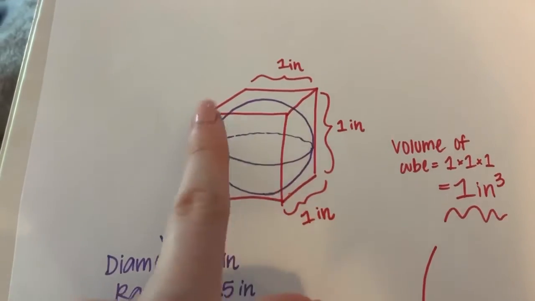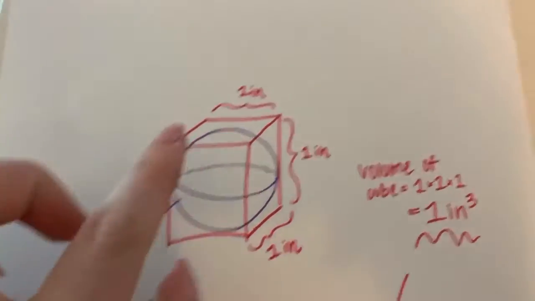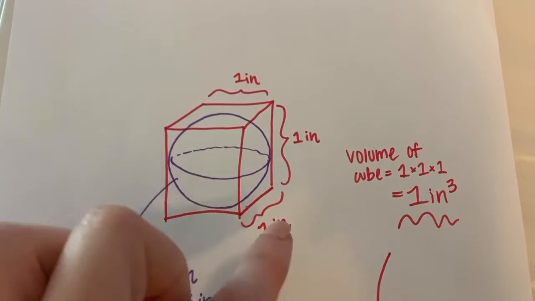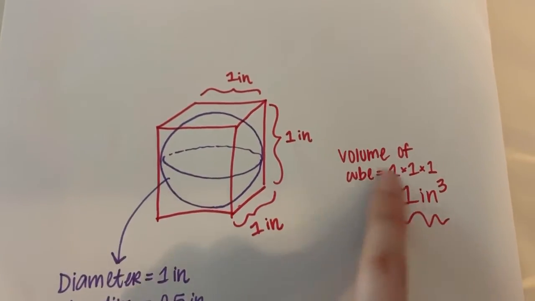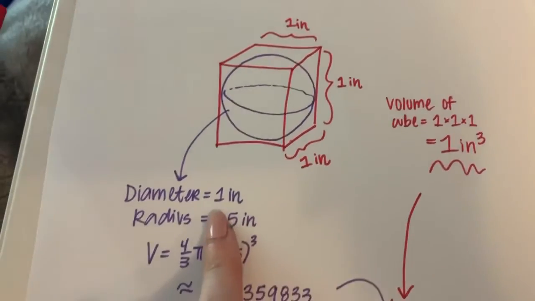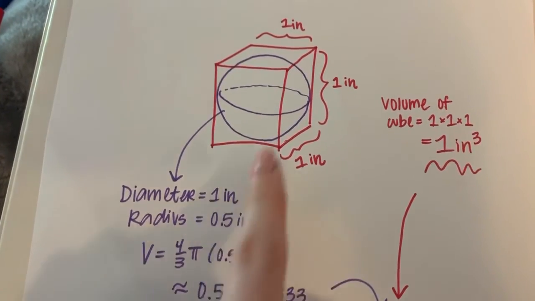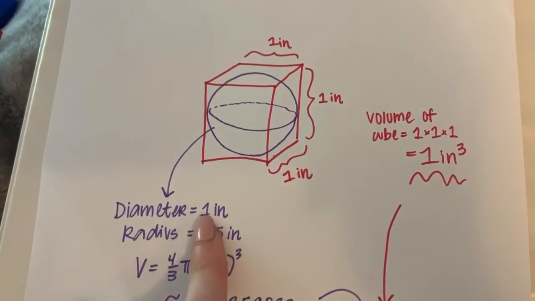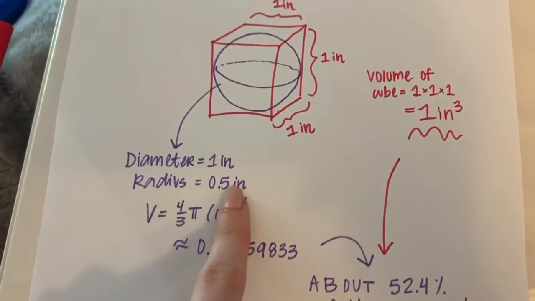First, I drew a box, a cube, that had side lengths 1 inch. I just wanted to make the math easy, so I just pretended that we had 1 cubic inch of space we were looking at. And then I looked at the gumballs and I just pretended that the gumball filled up the cube. So we have a gumball with a diameter of 1 inch. That means that the radius is 1/2 inch.